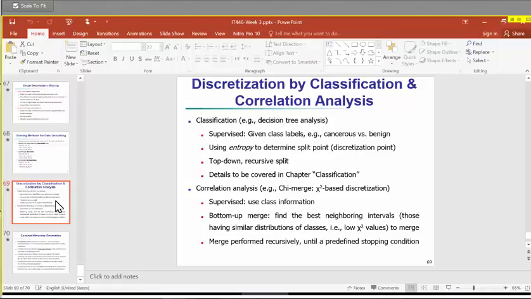The second type of analysis for discretization is by correlation. As we discussed, we have chi-squared based discretization, and we have some other statistical techniques as well, like chi-merge. It is supervised and it uses class information.